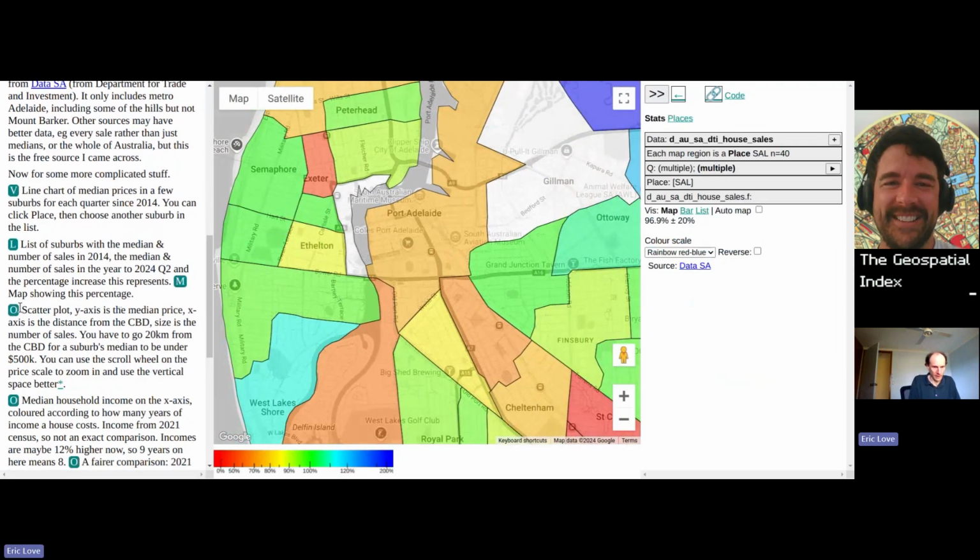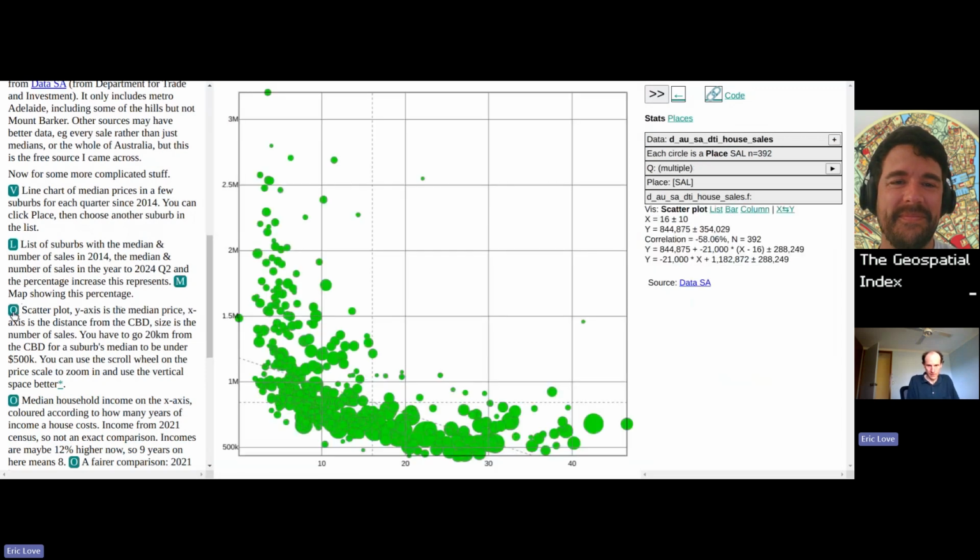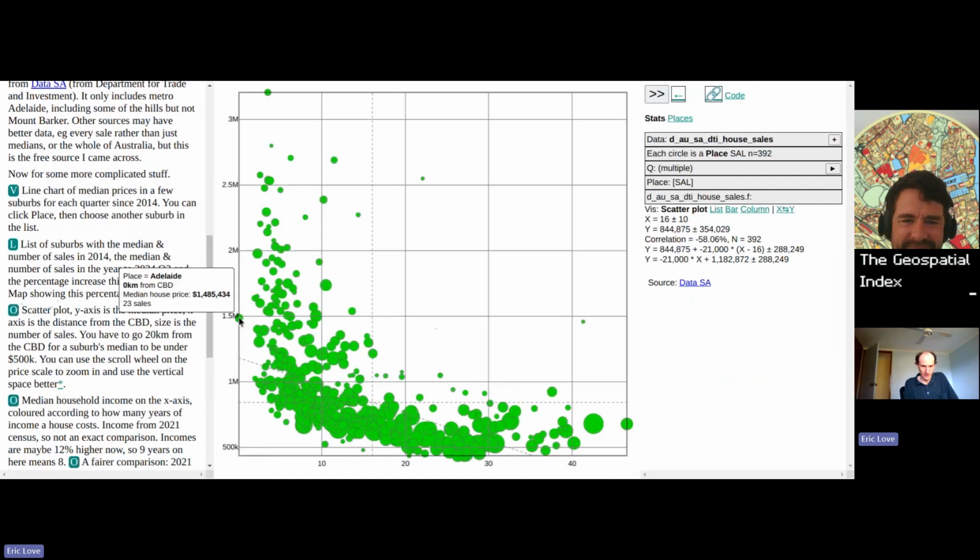Another thing people care about is distance from the CBD, the city centre. And so if you are right in the city, then median is 1.5 million.